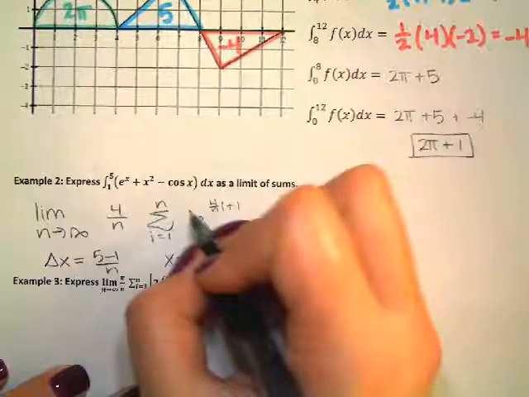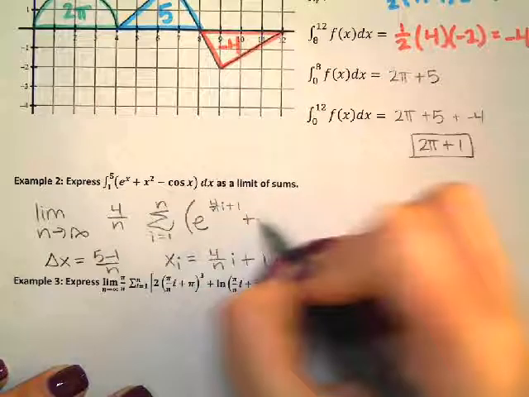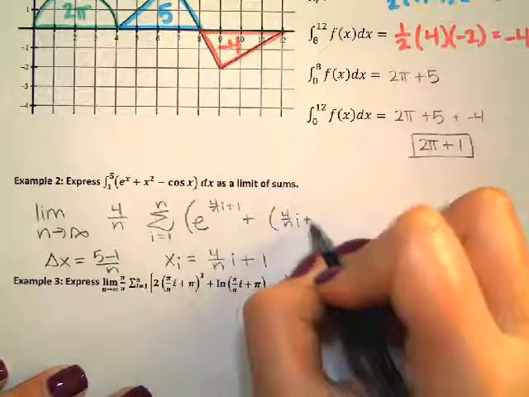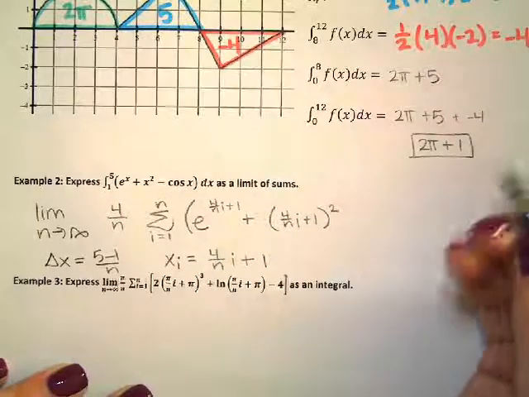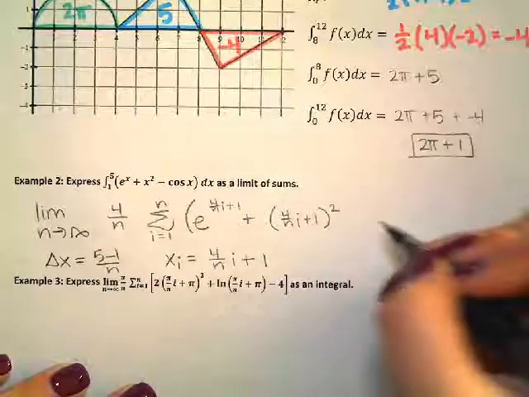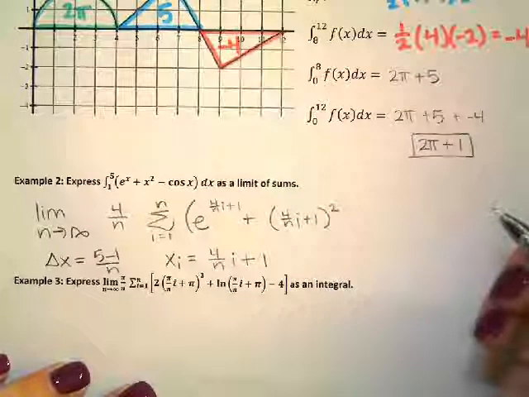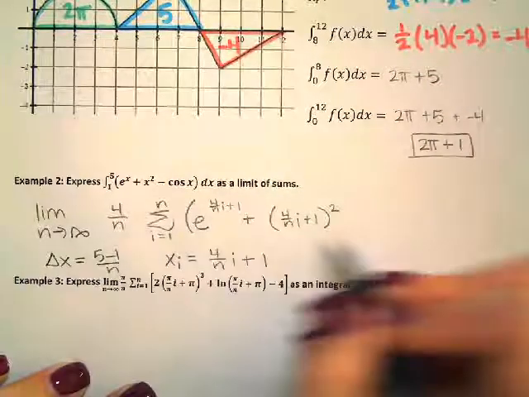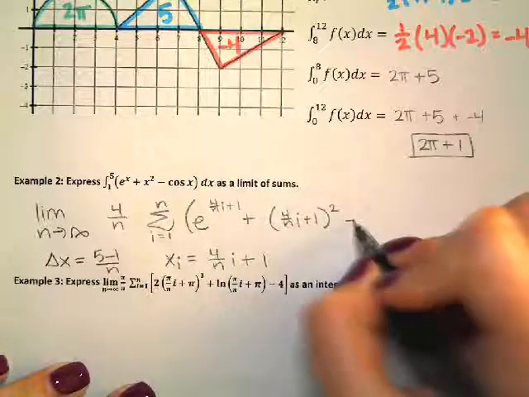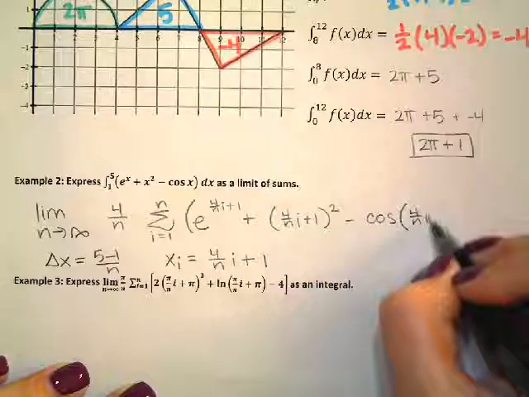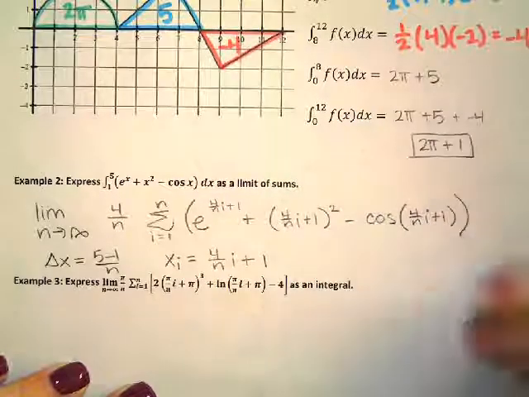My guess is this would end up being a multiple choice problem as opposed to FRQ. FRQ would be where they would accept more answers, multiple choice, you gotta know. So we have e to the x, then we have x squared, then we have minus cos x. And we're done.